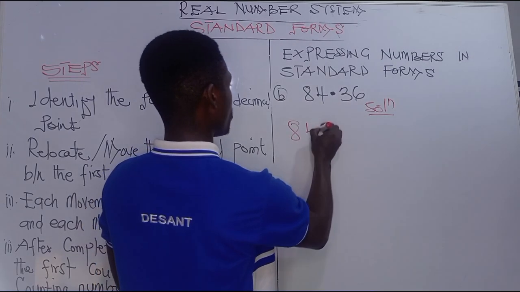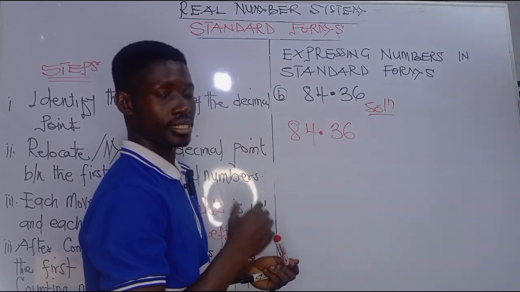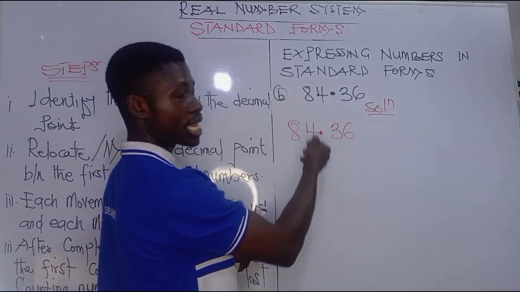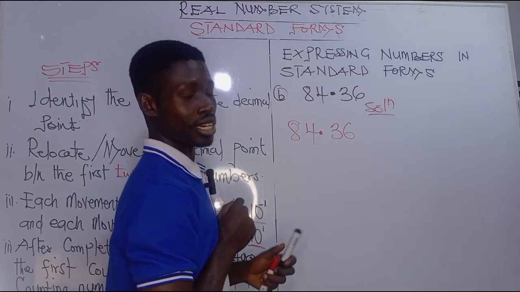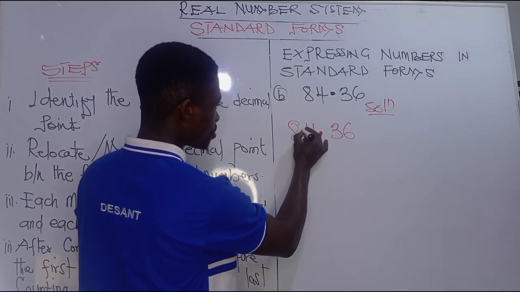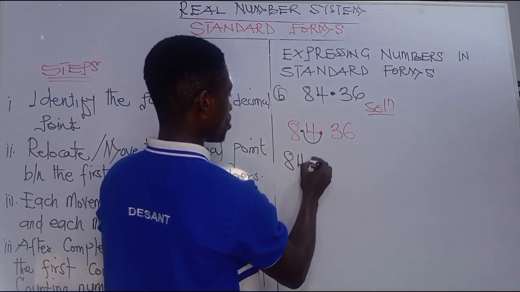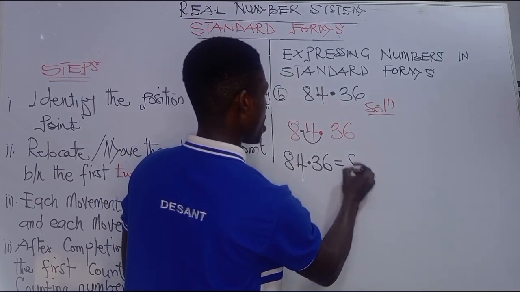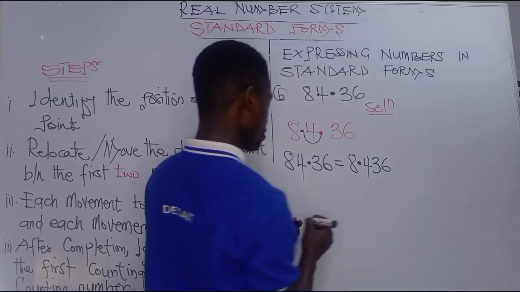So we have 84.36. Now the second step says that we have to move or relocate the decimal point so that it will be in between the first two natural numbers. So this is the first two natural numbers. So we are going to move it to this very point. So we have 84.36. Now our point is here. We have 8.4 and then we have 36.